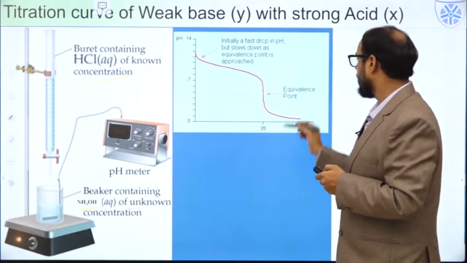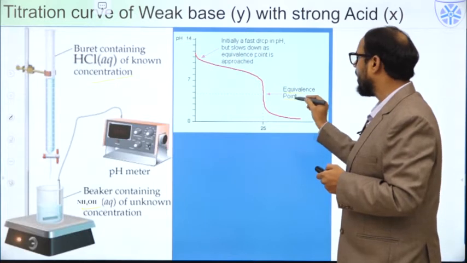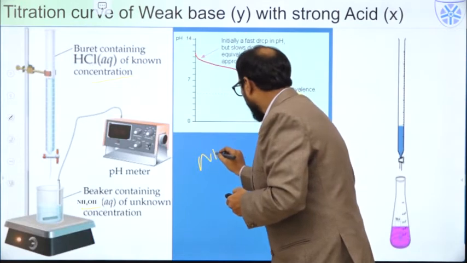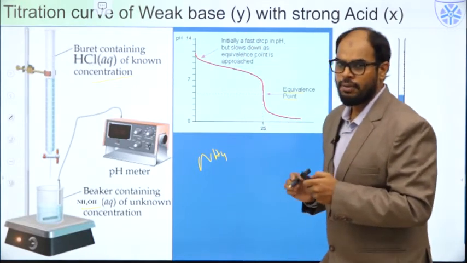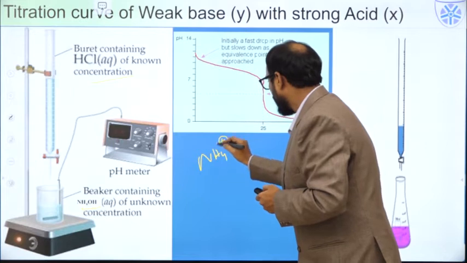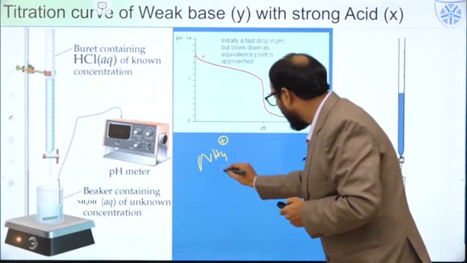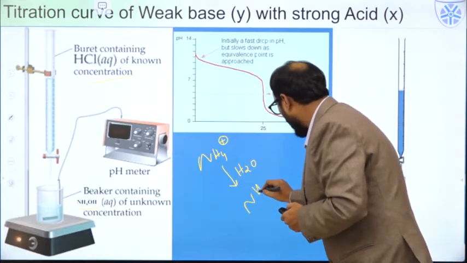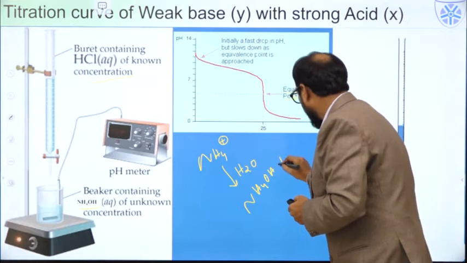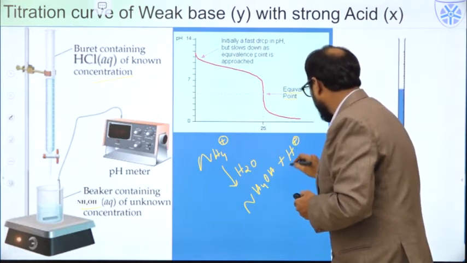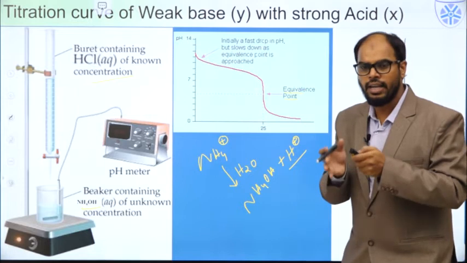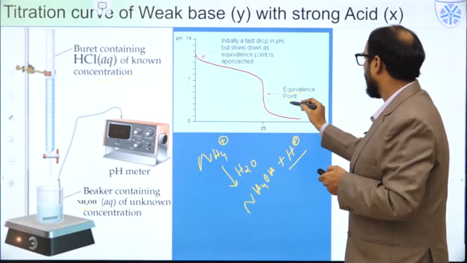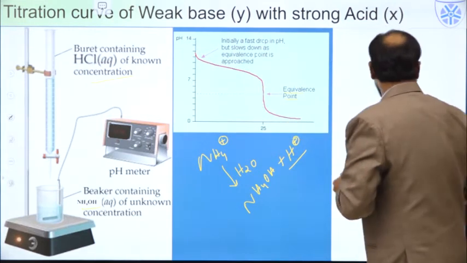In those cases we can see that the equivalence point is less than 7, because ammonium hydroxide, since it is a weak base, has a conjugate acid, and this conjugate acid is going to react with the water molecules to form ammonium hydroxide plus H plus ions, and these H plus ions will create an acidic solution. For a weak base and a strong acid, the equivalence point is less than 7.